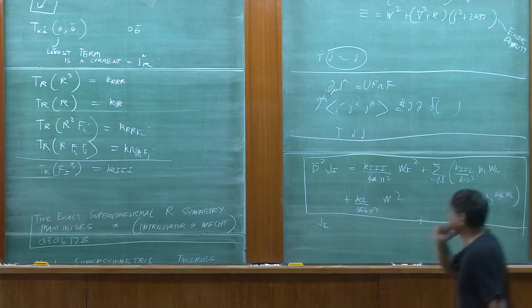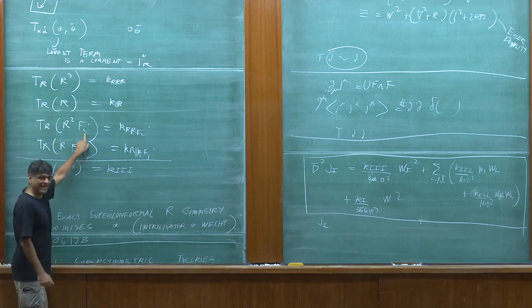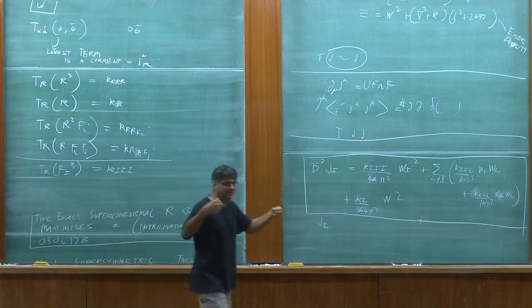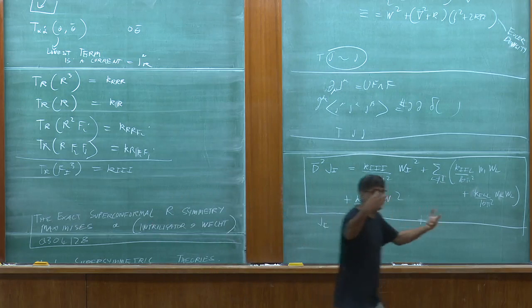Now that's a bit of a puzzle, because you might have thought that this guy is one coefficient that tells you how much FR wedge FR appears on the right hand side.